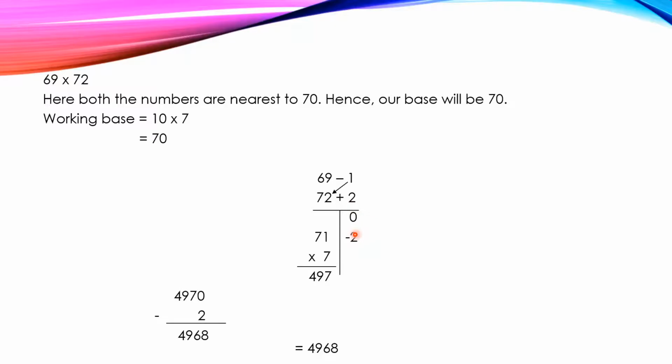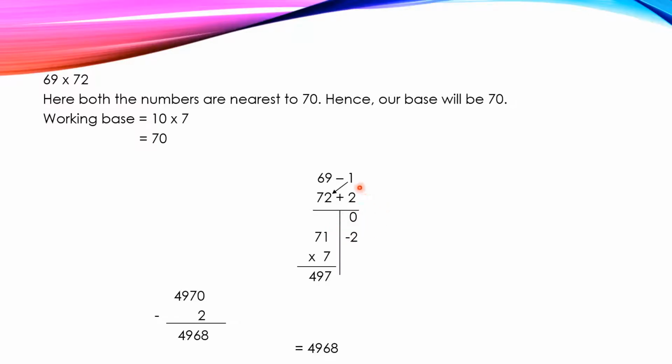We know it is 2, but which sign it will have? Plus, minus is always minus. So it will be minus 2. We know that minus 2 is less than 0. So we will put a 0 here.